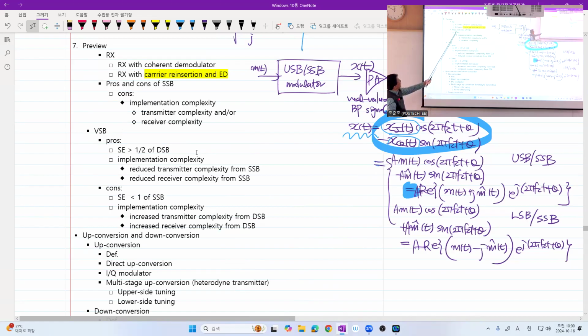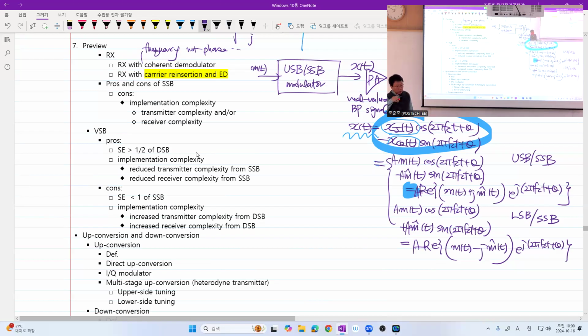I already told you. But that is not the only idea. You may have a coherent demodulator, or you have a frequency coherent, but not phase coherent demodulator. And I will talk about that. And this is a kind of solution: the carrier reinsertion technique. And I will talk about that.